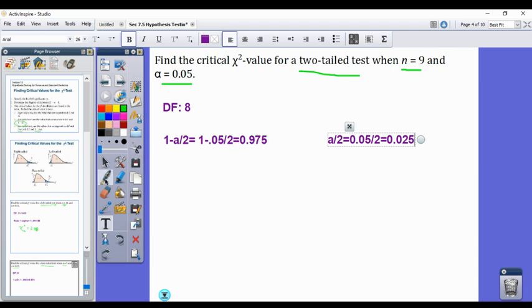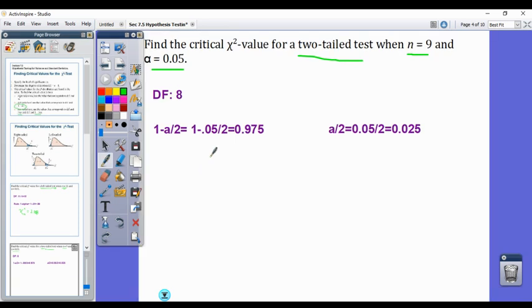Okay. All right. So once you have these two values, you're going to end up with two chi-squared values, one on the right and one on the left. Our left value is going to be 2.180, and our right value is going to be 17.535.